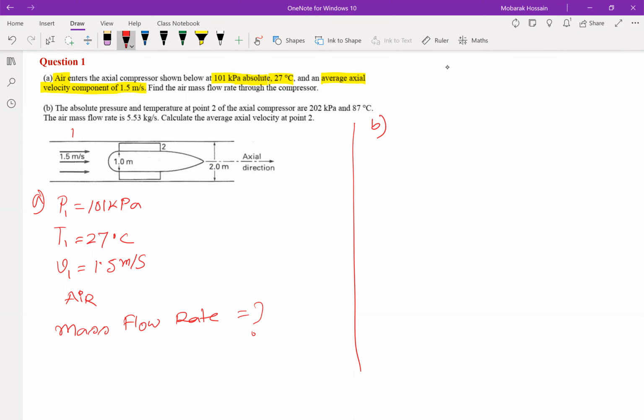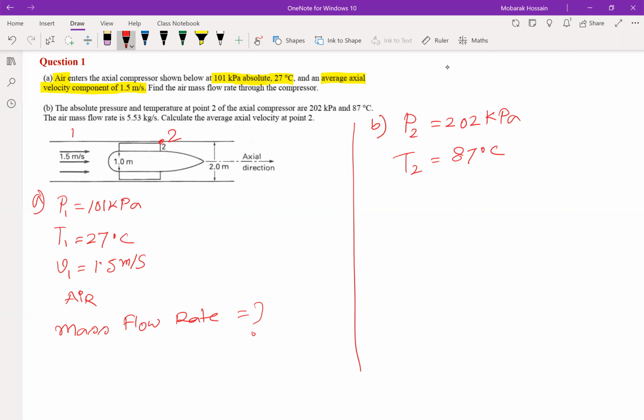So at point 2, pressure is given as 202 kilopascal and temperature at point 2 is given as 87 degrees centigrade.